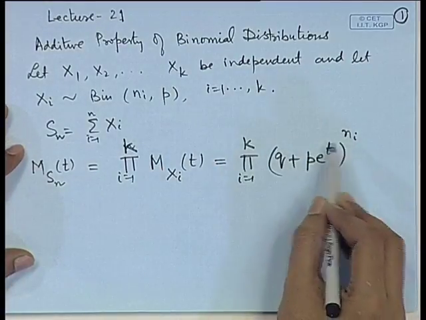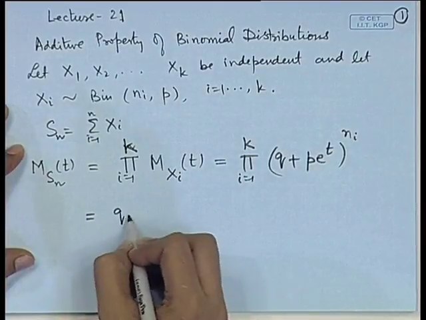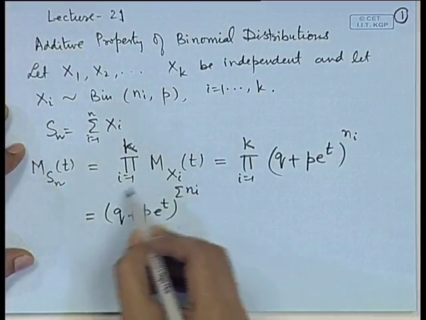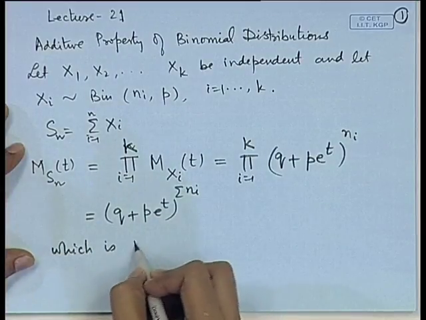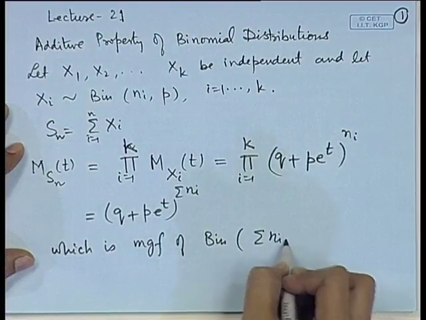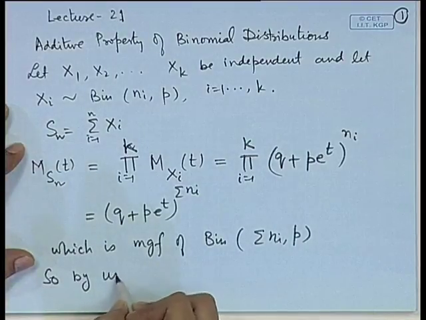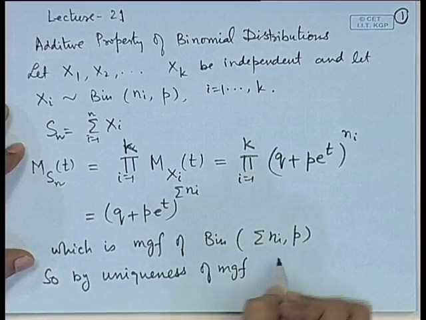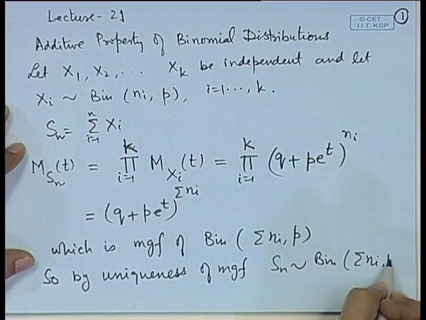Since the base is the same, the powers will be added up and it becomes (q plus p e to the power t) to the power sigma ni, which is the MGF of a binomial(sigma ni, p) distribution. So, by the uniqueness property of the MGF, Sn must follow a binomial(sigma ni, p) distribution.